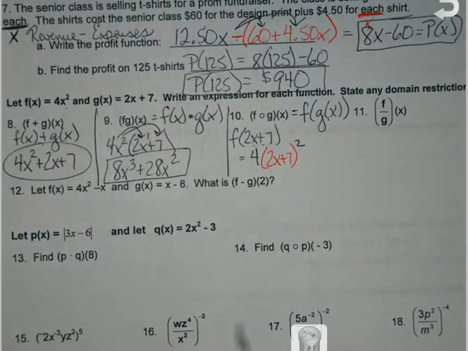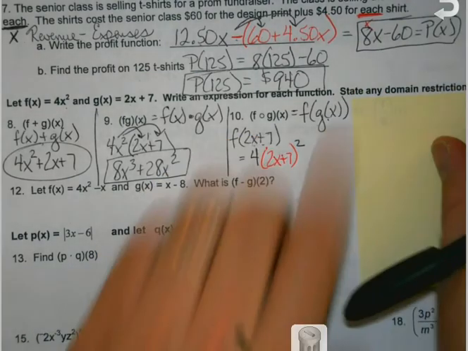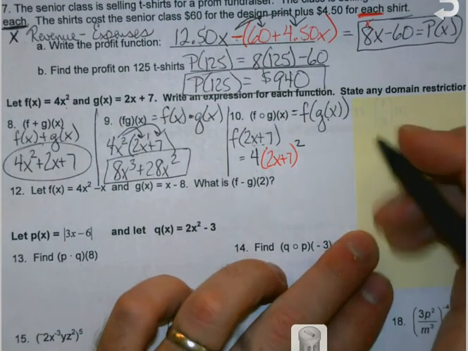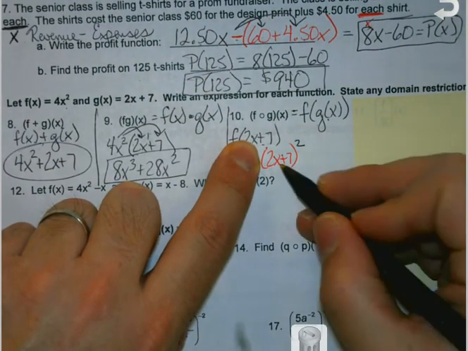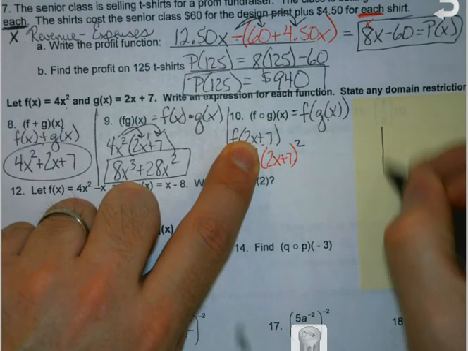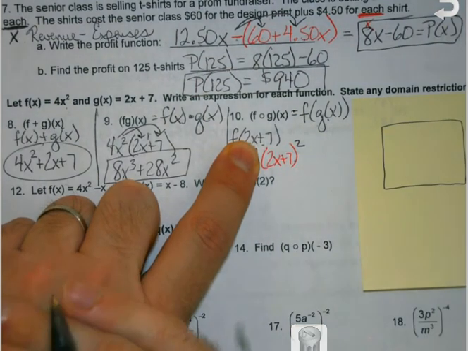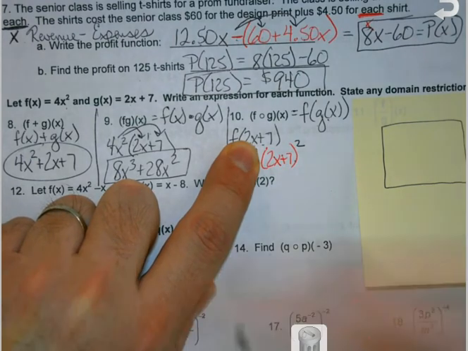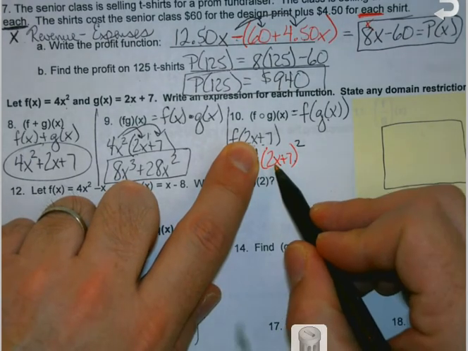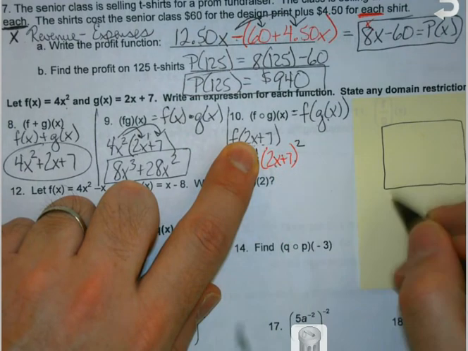So, reminder, can't just distribute the 2. Doesn't work that way. So we do a little work off to the side because we're kind of cramped for space. Ignore the 4 for right now. You've got 2 of these, and you could use a binomial formula, where I take the first term squared, and if you want to box this out, you could.